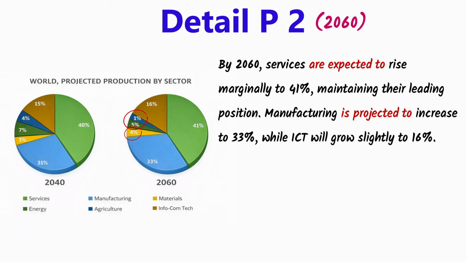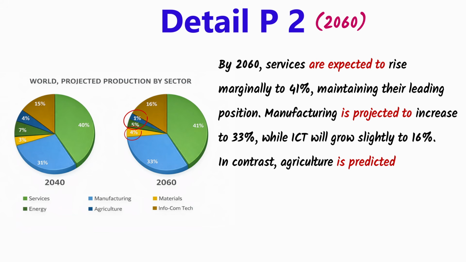Since we are going to talk about decrease, and our previous sentences revolved around increase, I can use the phrase in contrast because now I'm going to talk about decrease, or decline, in these two sectors. In contrast, agriculture is predicted.